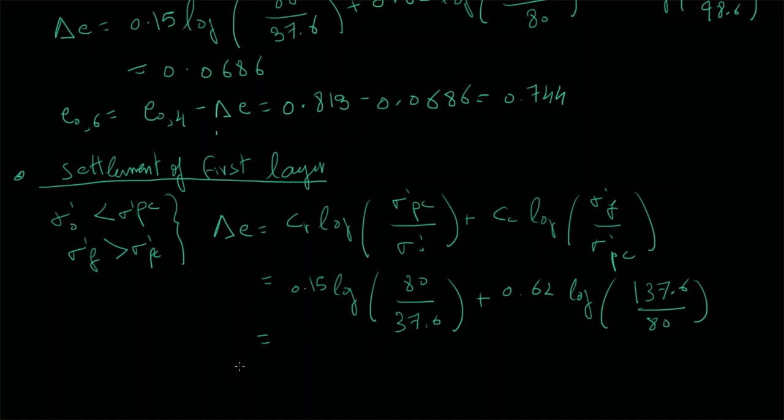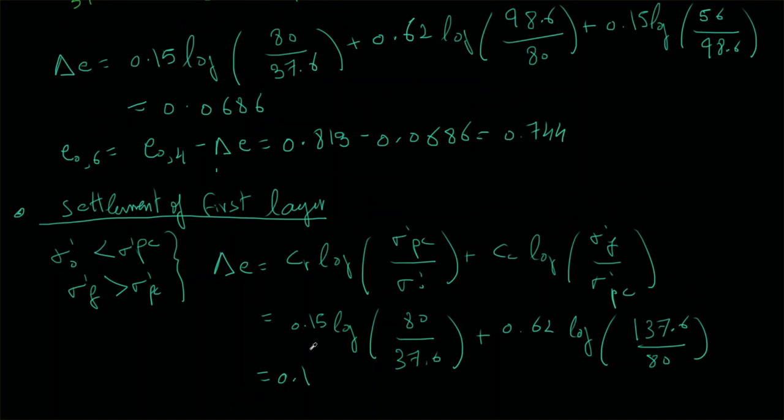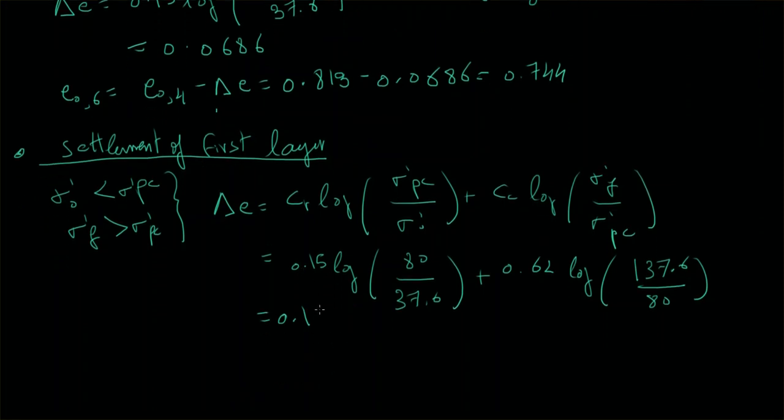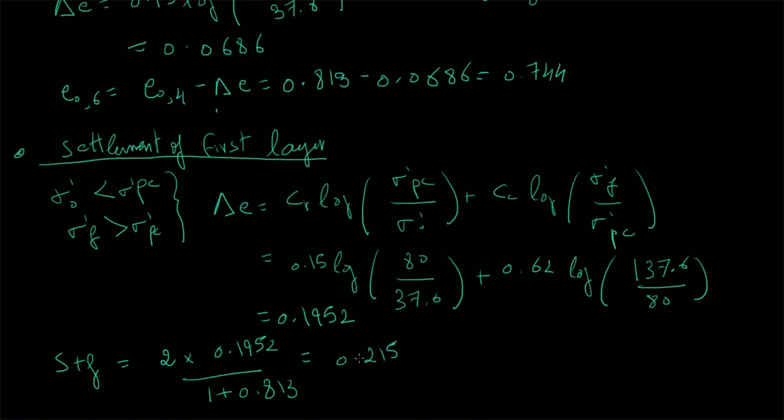That is equal to 0.1952. Therefore, STF in the first layer is equal to the height of the layer, which is 2, times delta e 0.1952 over 1 plus e naught, which is 0.813. That is equal to 0.215 meters.